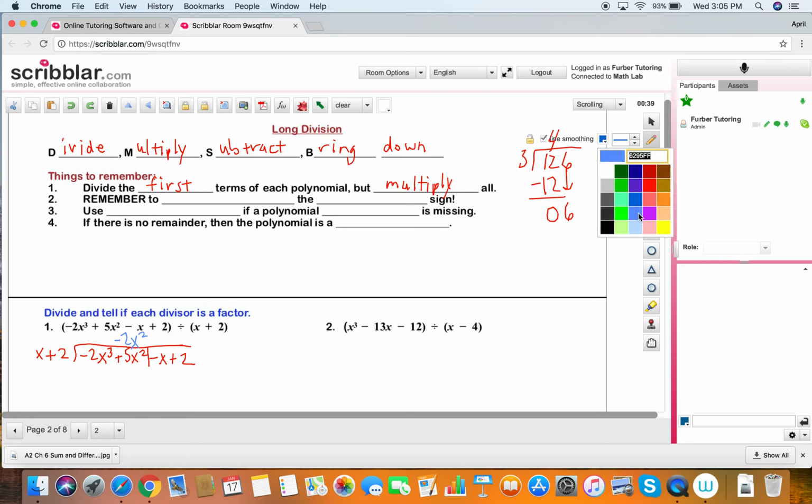So I'm now going to multiply negative 2x squared with both the x and the 2. Negative 2x squared times x gives me negative 2x cubed. And then negative 2x squared times 2 would be negative 4x squared. So I've done the multiplication step.